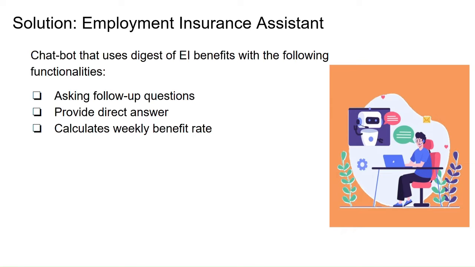The assistant will ask a follow-up question to gather the necessary detail and ensure an accurate response. Provide answer: once all information is clear, the assistant will deliver a helpful response. Calculate the weekly benefits rate: once given hourly wage and weekly hours, the assistant can calculate the weekly benefits.